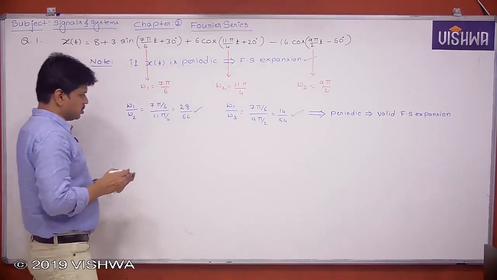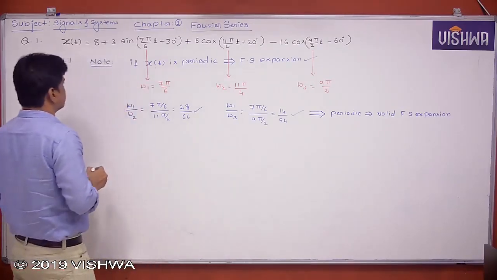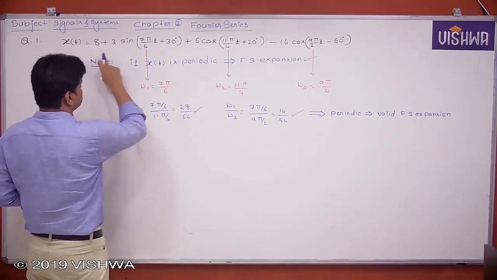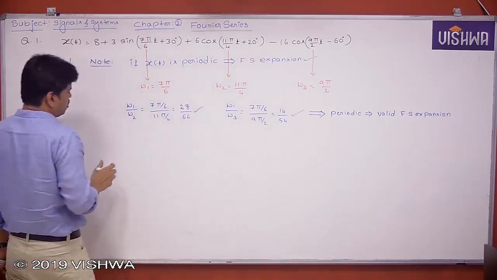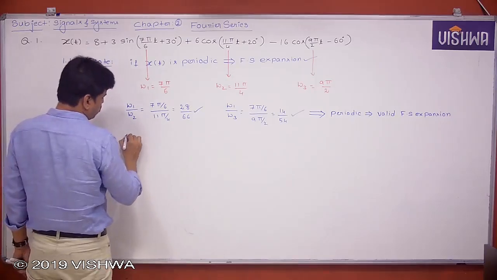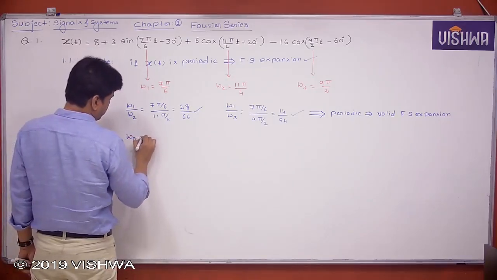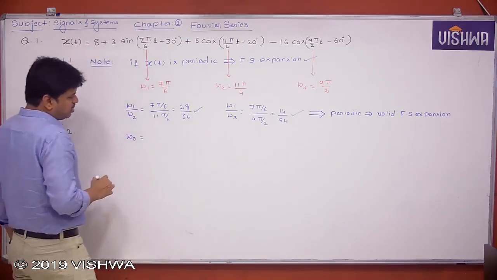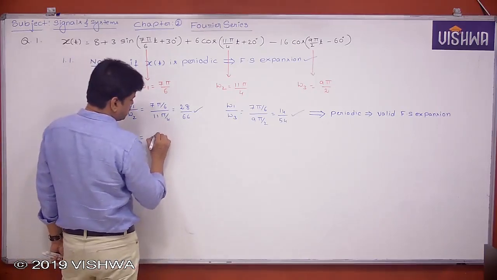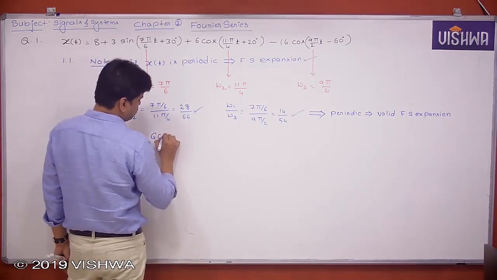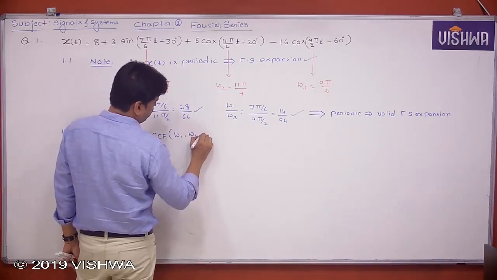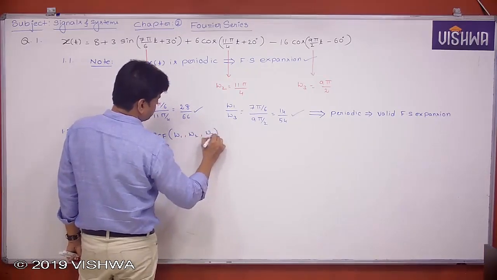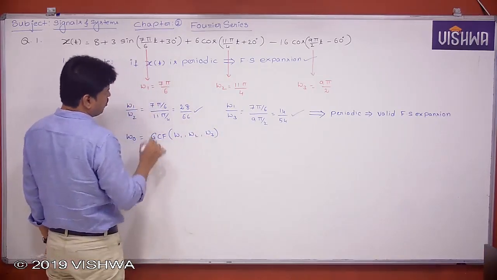So let's see what we can say. This is the DC term, omega 1, omega 2, omega 3. Let's check it out. For that, first we have to find the fundamental frequency omega naught. We know that it is the GCF of omega 1, omega 2, omega 3. What is the GCF of fractions?